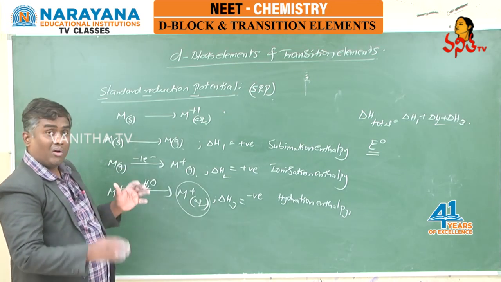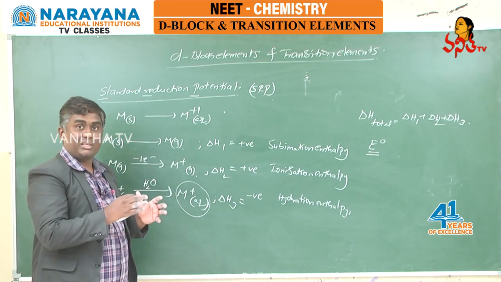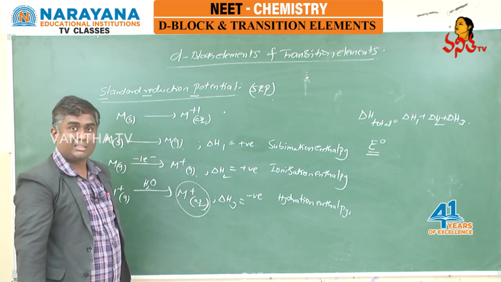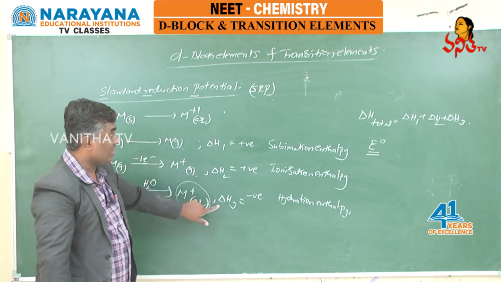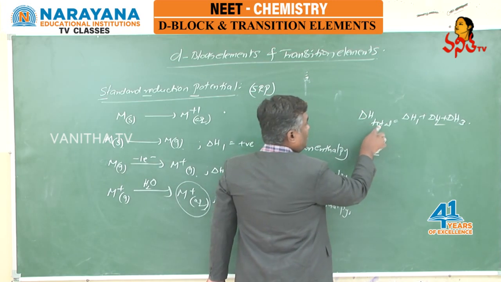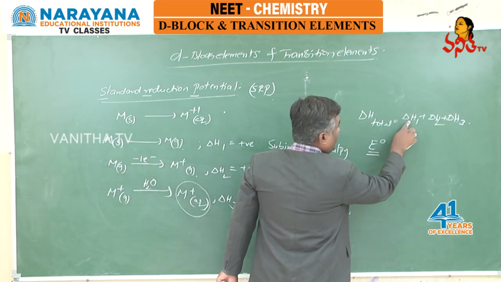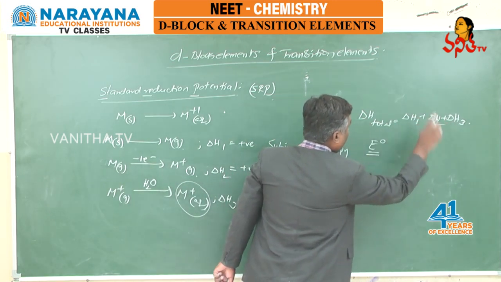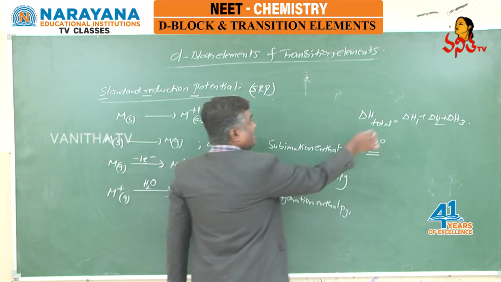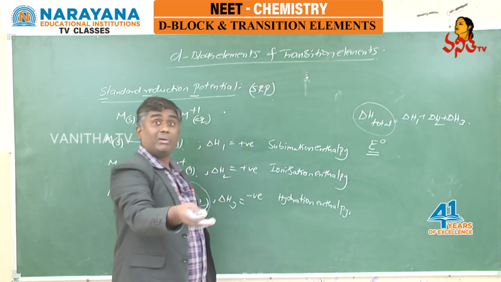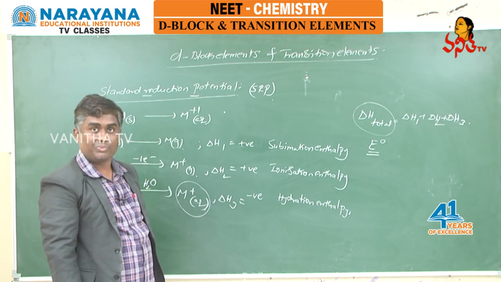If I ask you what is the total enthalpy change, delta H total is nothing but the sum of these 3. Here delta H total is equal to delta H1 plus delta H2 plus delta H3. And you know one thing, this delta H total may be positive, it may be negative. Reason?